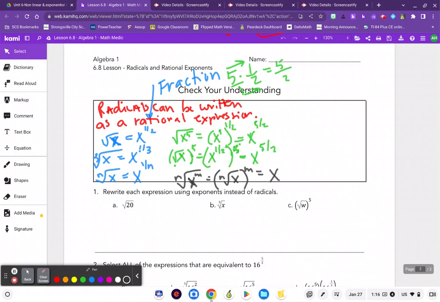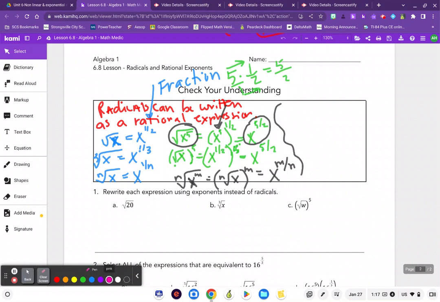And I'm really turning that into x to the m over n. Whatever power I am raising this to, that's the top of my fractional exponent. And whatever my root or my index is, that's the denominator. So if you can see that connection quickly, great. If not, I would use this in-between step to see the connection between this first expression and this last expression.